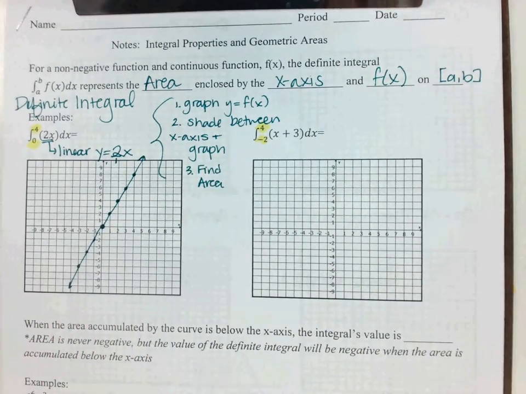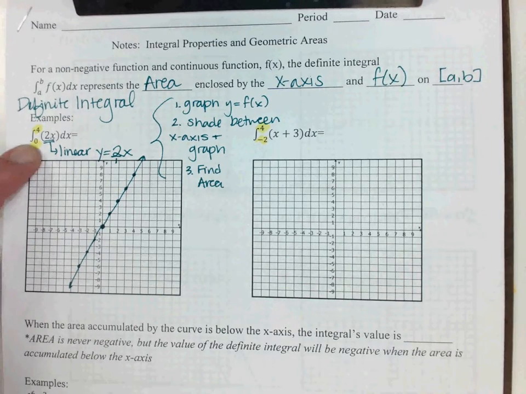Now, what you need to do next is shade between the x-axis and the graph. I'm only going to do it from the endpoints on the integral. So the first value I'm going to start at is 0.